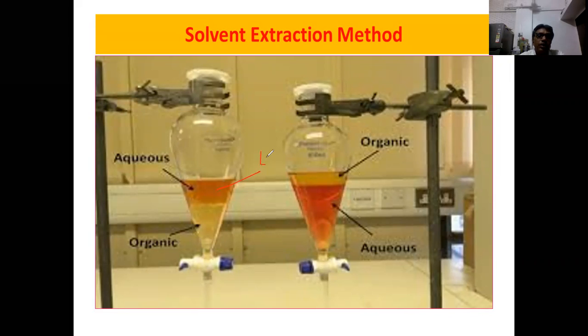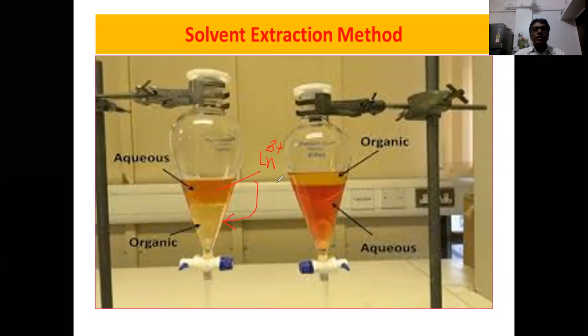They are extracted from the aqueous phase into the organic phase, and in the organic phase there is a formation of a complex. In this way, the lanthanone ions are extracted from the aqueous phase into the organic phase.